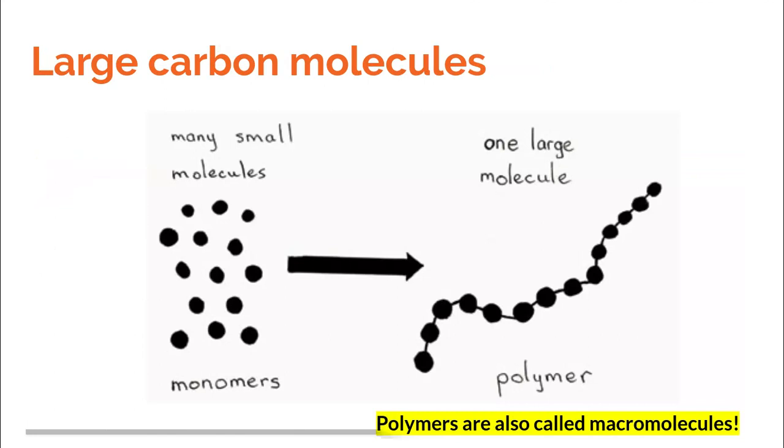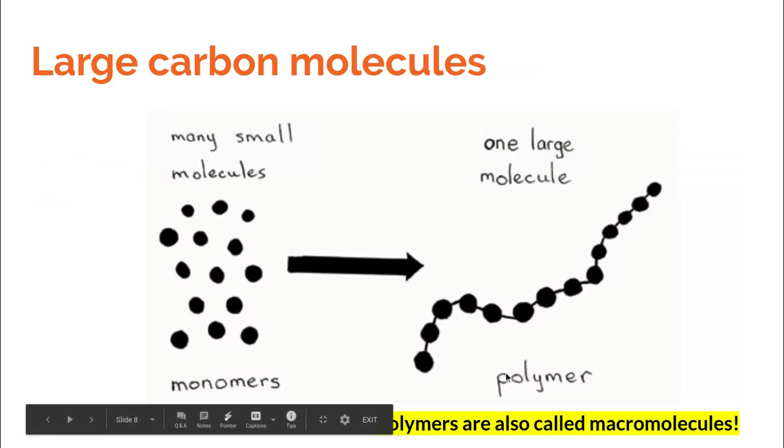Okay, so the next thing that I want to explain is how these big molecules are formed and what all of those pieces are called. So we're talking about carbon chains, and then we're talking about functional groups, and now we have these other words, monomers and polymers. So to put all of this into context, a big molecule is called a polymer.